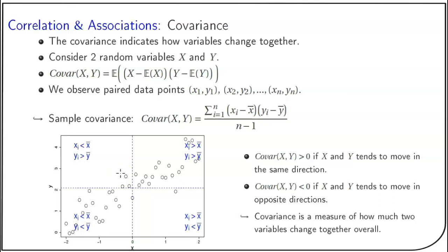In that case, the covariance would tend to be close to 0, because the positive component in regions 2 and 3 would tend to be cancelled out by the negative component from regions 1 and 4. Therefore, for this slide, we can conclude that the covariance gives us a measure of how two variables change together overall.